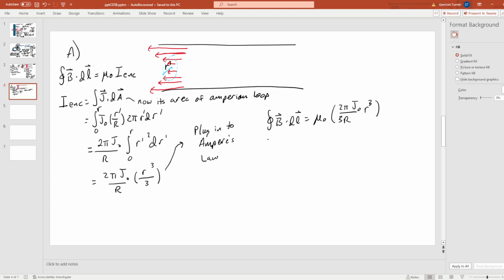And so now we need to evaluate B along our Amperian loop. As we can see, the magnetic field is going to be looping around this way.